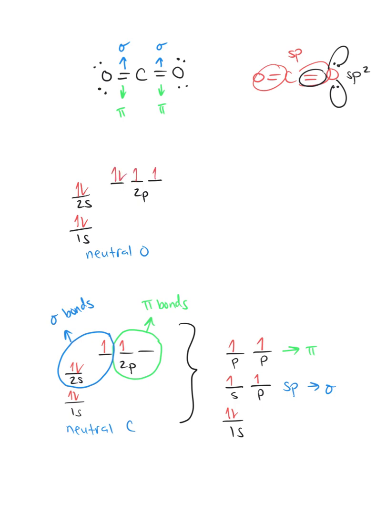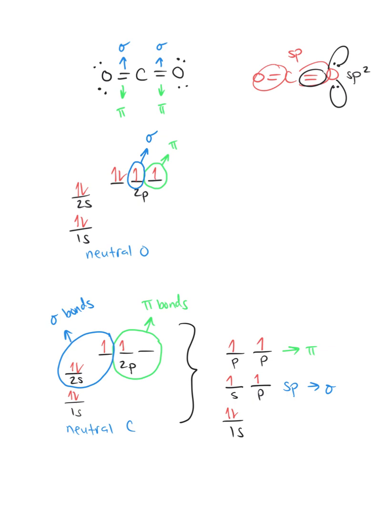So in the oxygen, we can see 1 sigma bond to the carbon, 1 pi bond, and 2 lone pairs. So I'm going to take 1 of the orbitals and say that is going to be reserved for a pi bond. 1 of the electrons needs to be reserved for the sigma bond.